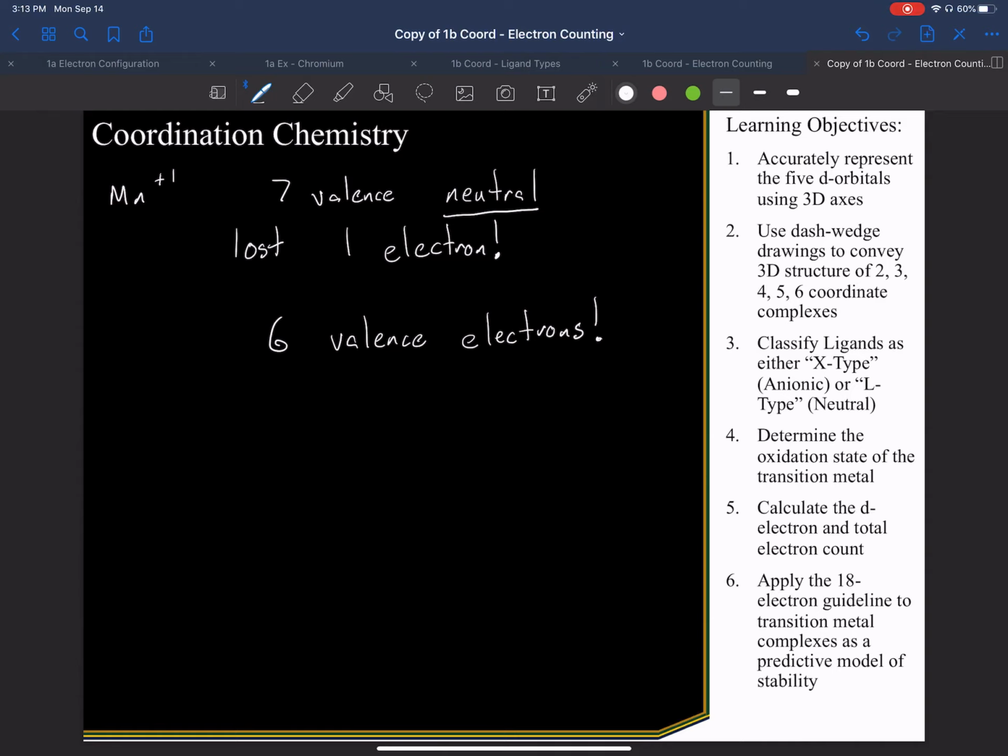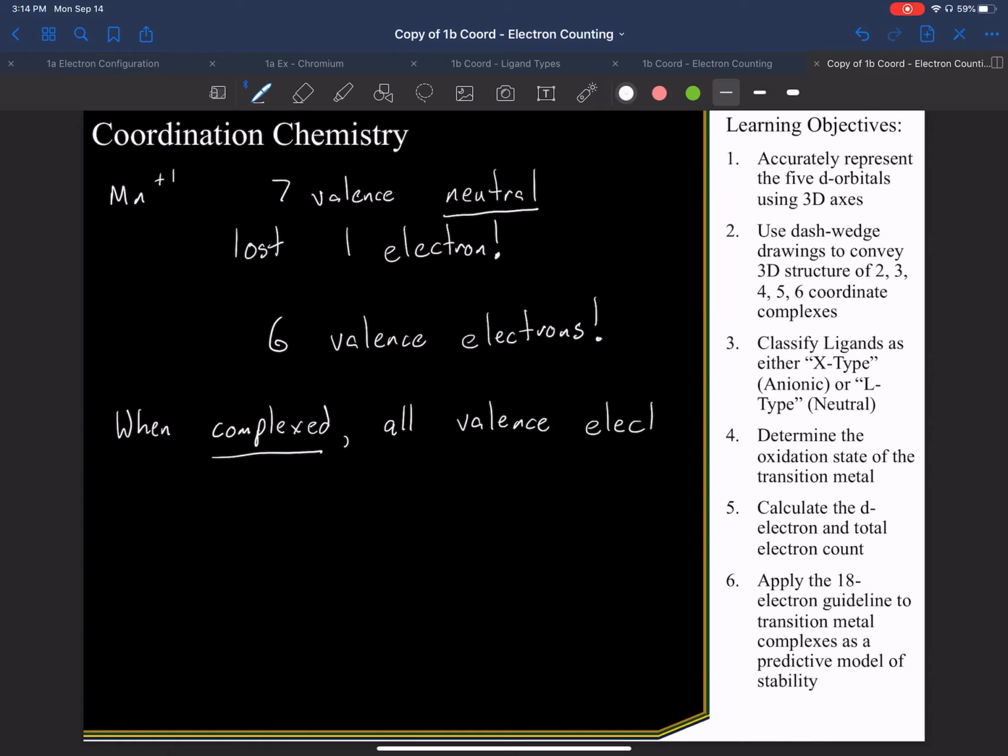And for reasons that we will talk about later, all of the valence electrons for a transition metal end up in d orbitals when in a complex, right? So when complexed, meaning bonds, right?